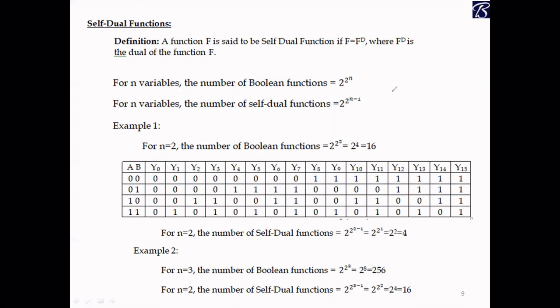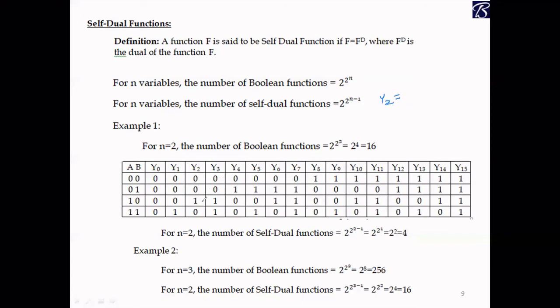Let us take y1. What is the expression? It is AB, right? What is the dual of y1? The dot becomes plus, that is A plus B. So these two are not equal. That's why y1 is not a self-dual function. Let us take y2.